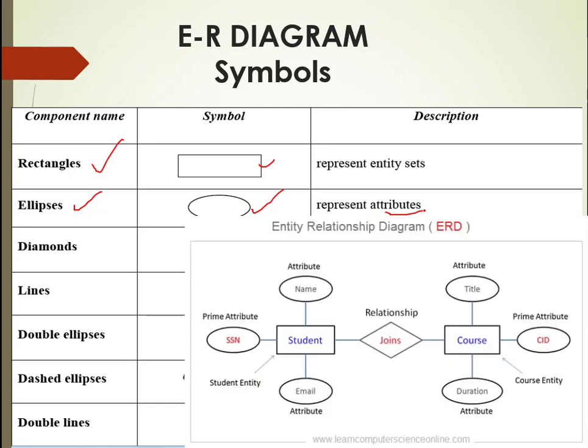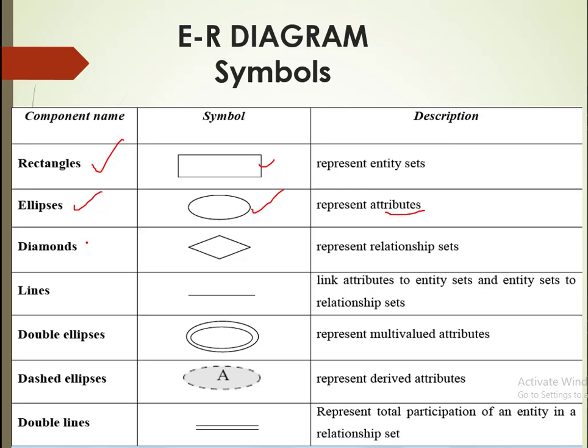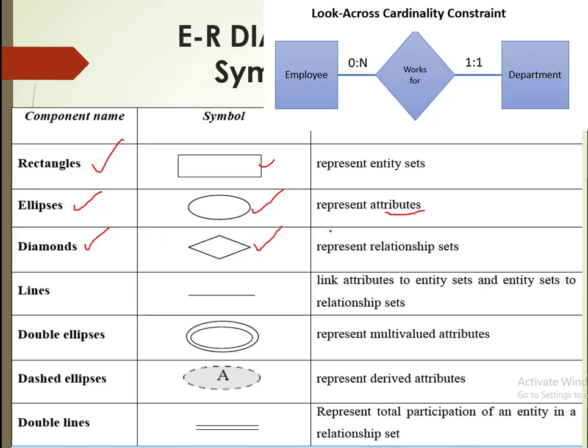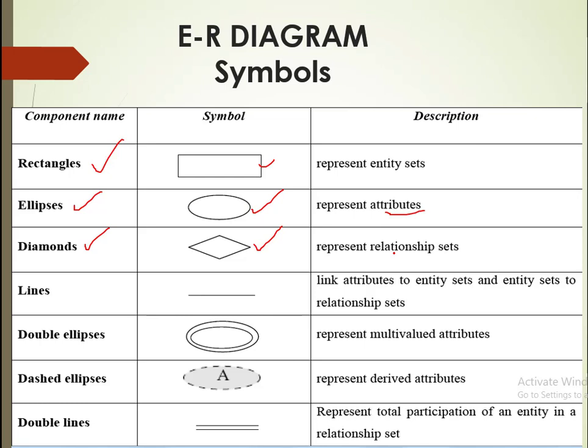So in the case you have an entity like student, and you have an attribute like student ID, the student ID is going to be represented with this. Then we have the diamond, which denotes a relationship. For example, you could have a lecturer teaches a unit.